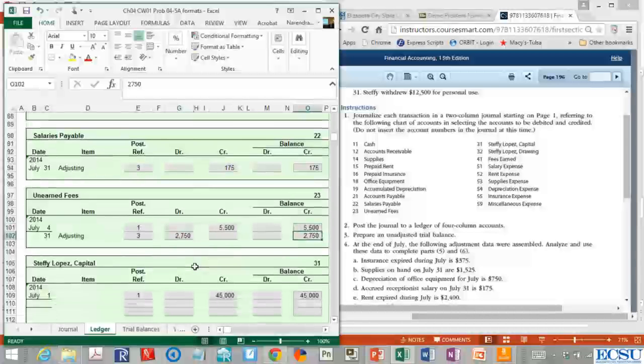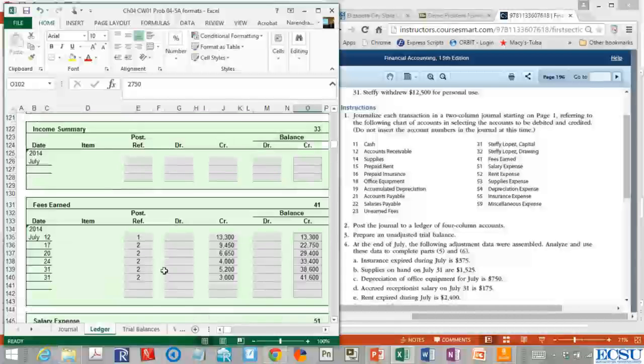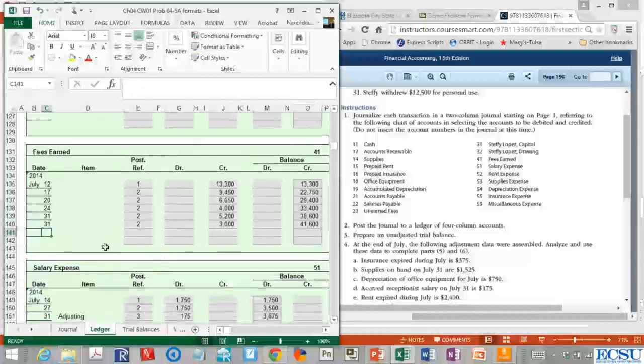Now next is the fees earned. Fees earned was 41, so let's find out 41. Here it is, so that is 31, and item will be adjusting, and then page number 3, and here in this case this is going to be a debit.